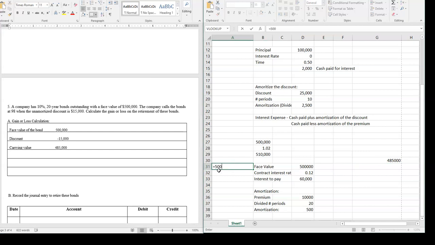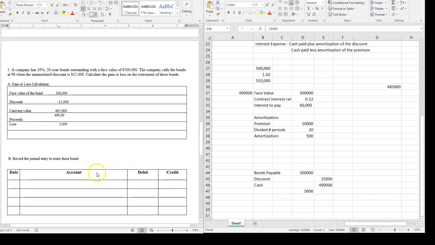So 500,000 times 0.98 is 490,000. And that's the proceeds that we have to pay. We compare 485 to 490, and we can see that that equals $5,000. And because the carrying value is less than the proceeds, we have a loss.